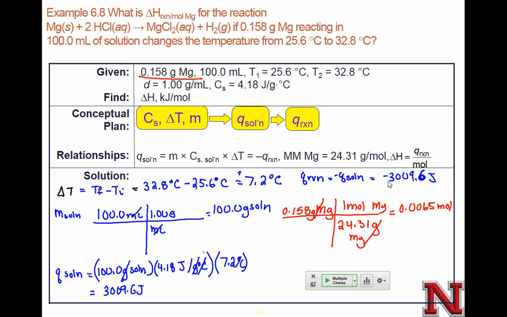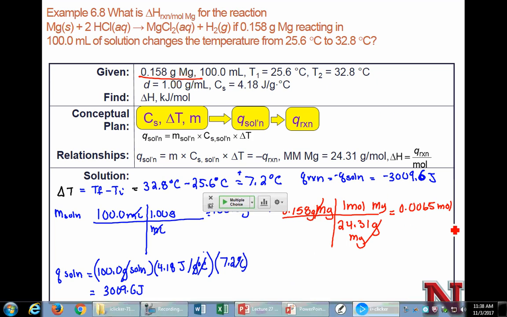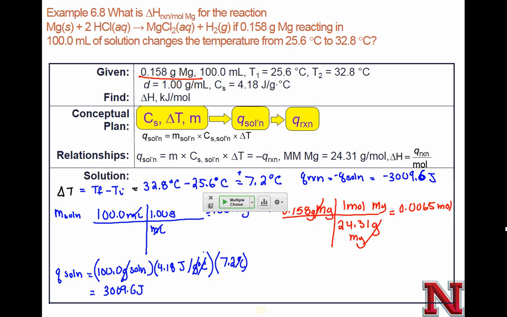So now our delta E of our reaction per mole of magnesium is going to be our amount of heat generated, which of course is going to be negative. And this is in joules, just a side note, divided by 0.0065 mole.